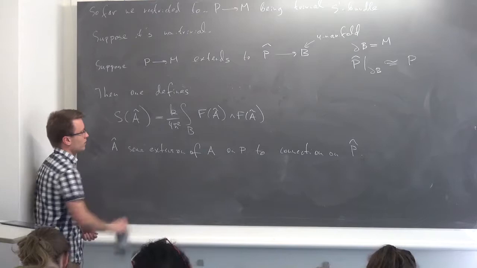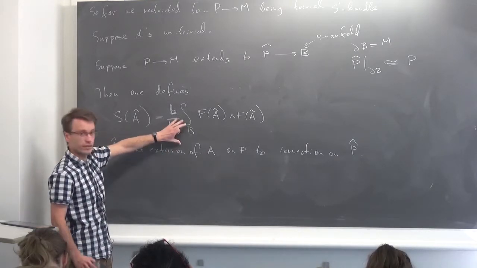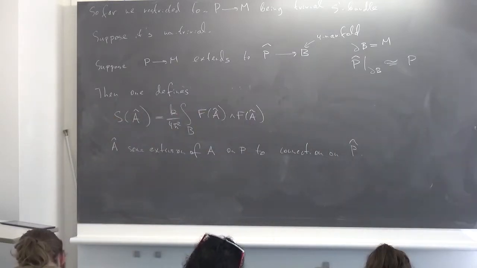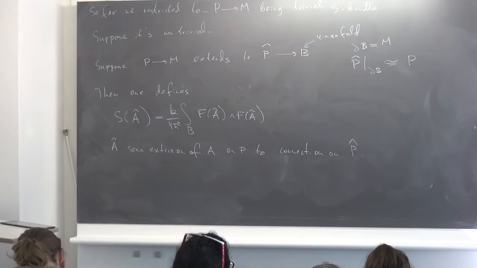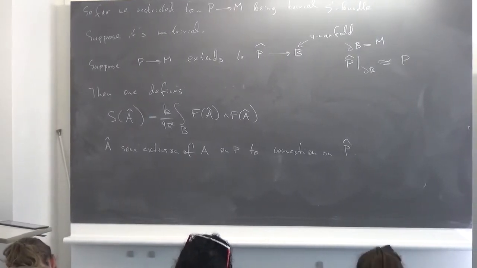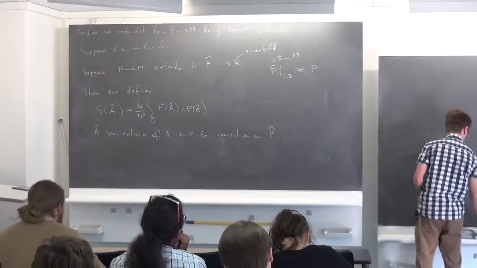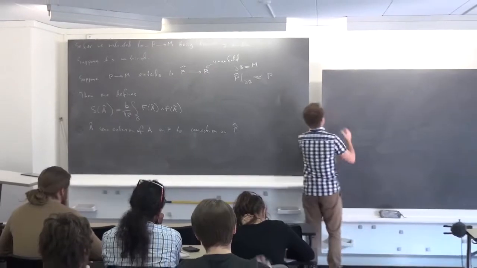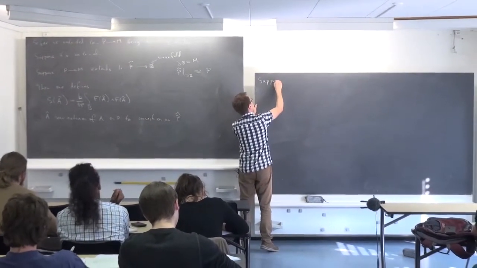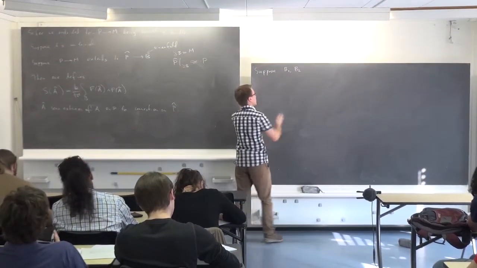Okay, so let's just see what happens if I choose 2 different extensions. Okay, so suppose that I'll choose 2 bounding 4 manifolds, B1 and B2.